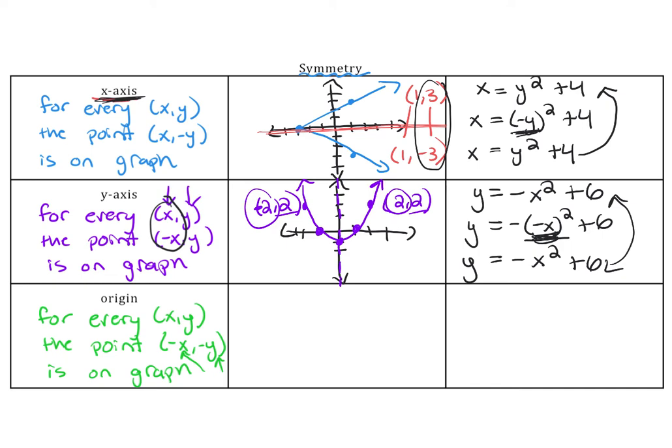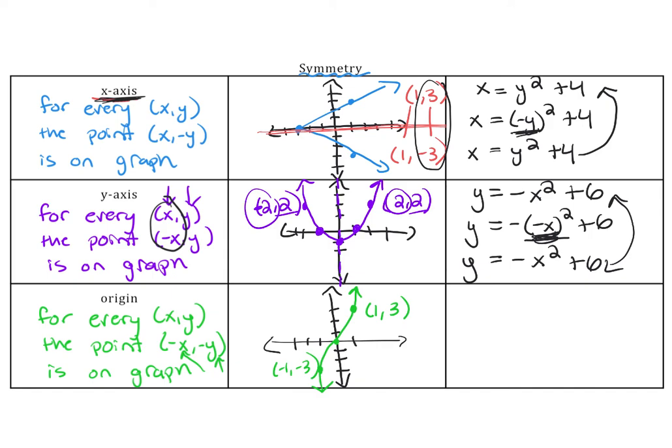Let's sketch a graph. We'll just do a cubic function. If I have the point 1, 3, 0, 0, negative 1, negative 3. So I have the point positive 1, positive 3. I also have the point negative 1, negative 3.